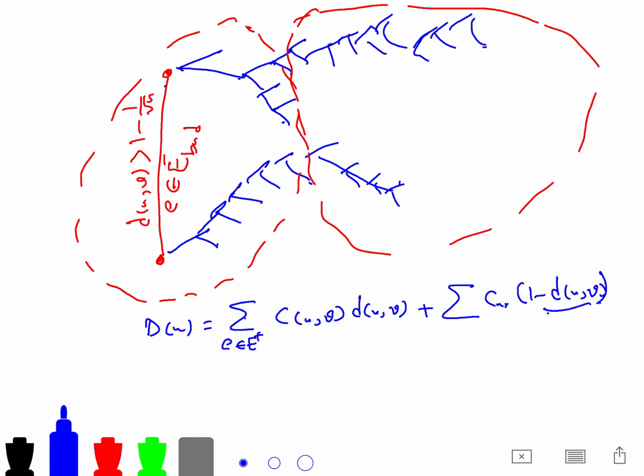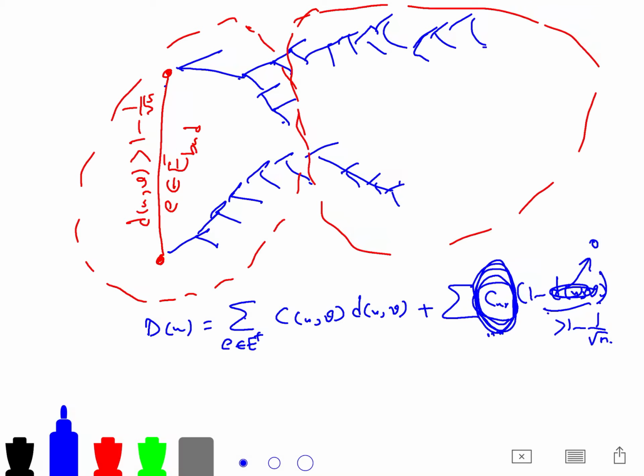And d of u and v is greater than 1 minus 1 over n. But if the output clustering does not separate them, then d of u and v becomes 0, and you're adding this to your LP value, which is bad. We want to reduce this.